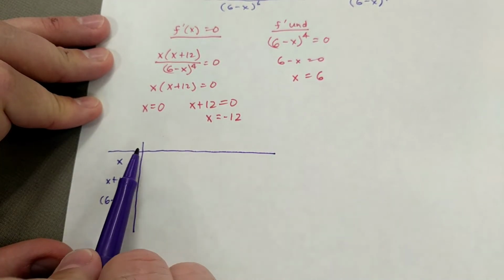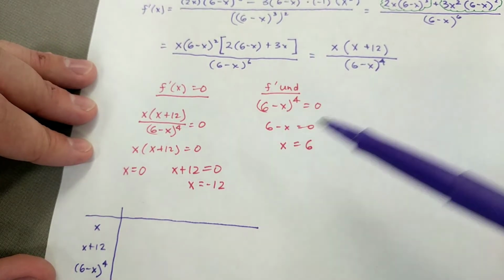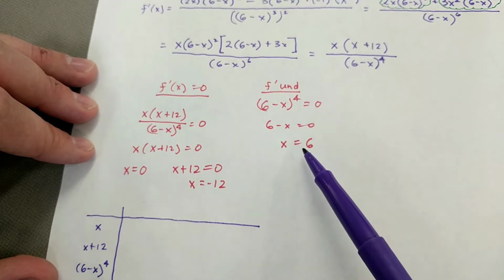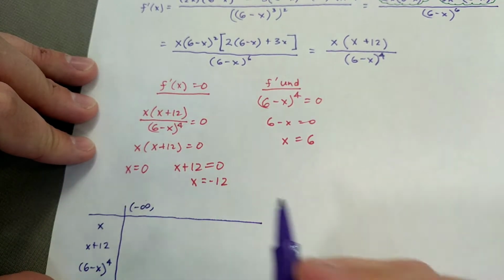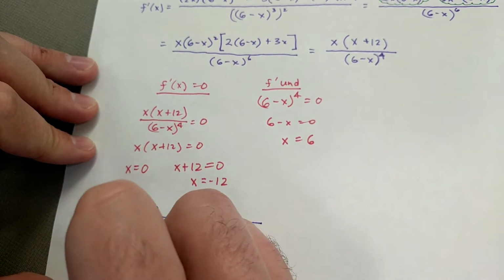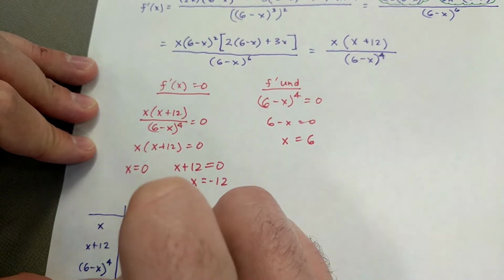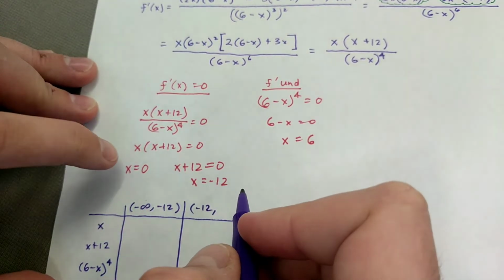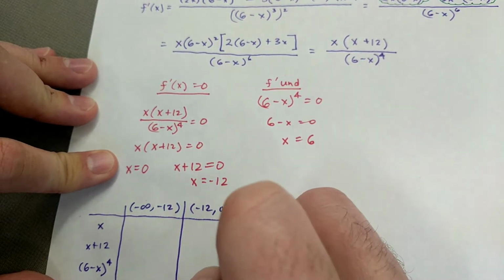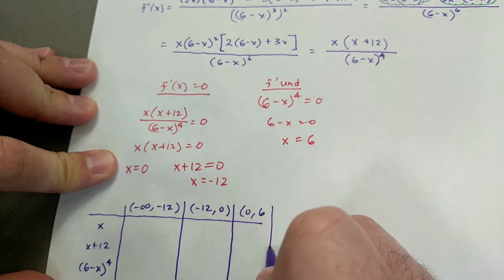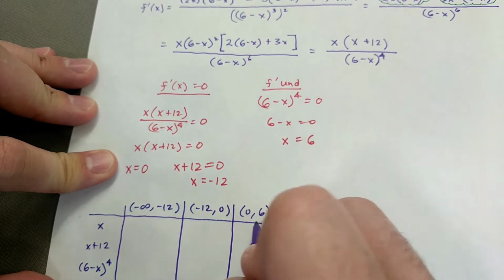And now I'm going to break up the real numbers based off of these three values. So here's what I mean. Starting at negative infinity, we get to negative 12 first, moving to the right. And then negative 12, picking up on the other side, 0 is the next place we stop. And then 0 to 6. And then lastly, 6 and beyond.